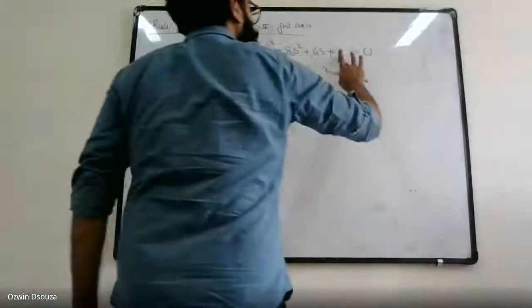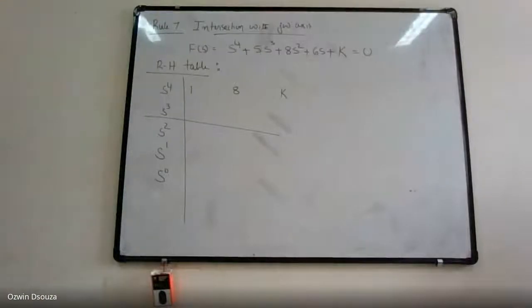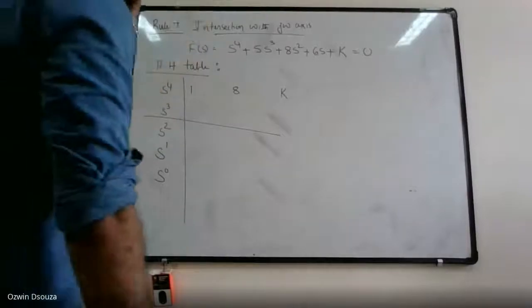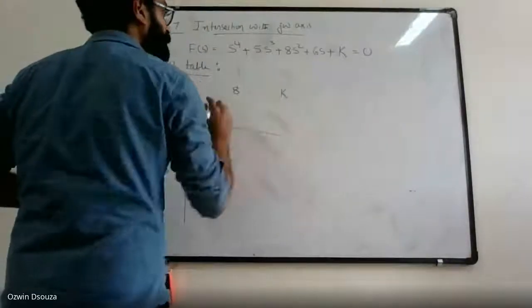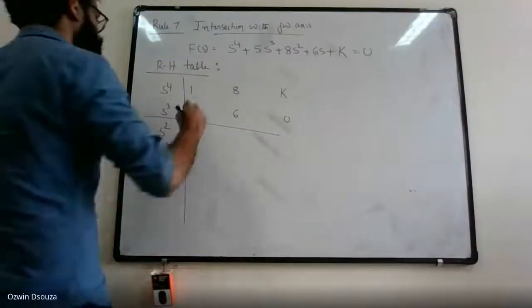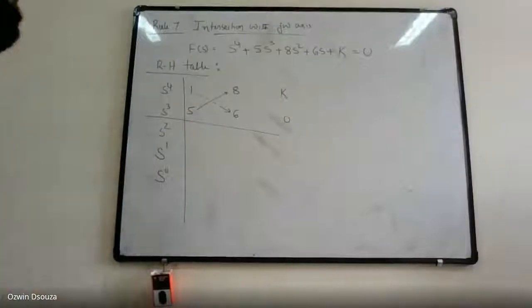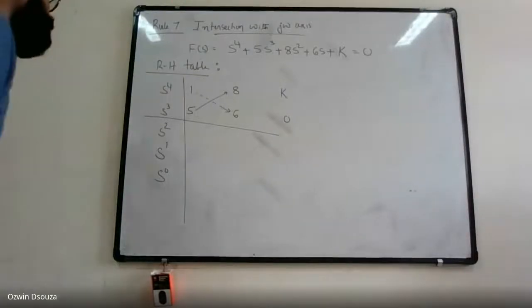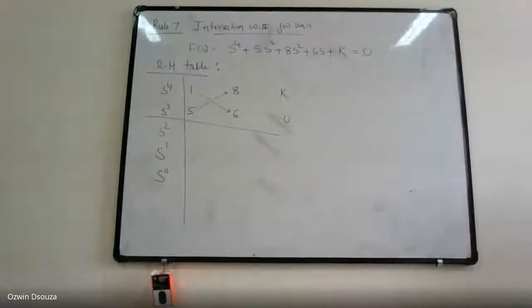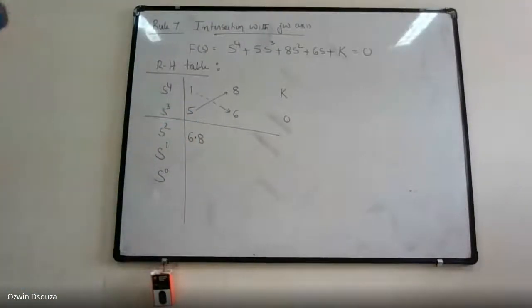This is K. Then 6s plus K, and 5 and 6, and this is 0. So what do we have? 5 into 8 is 40, 40 minus 6 is 34, 34 divided by 5 is 6.8.